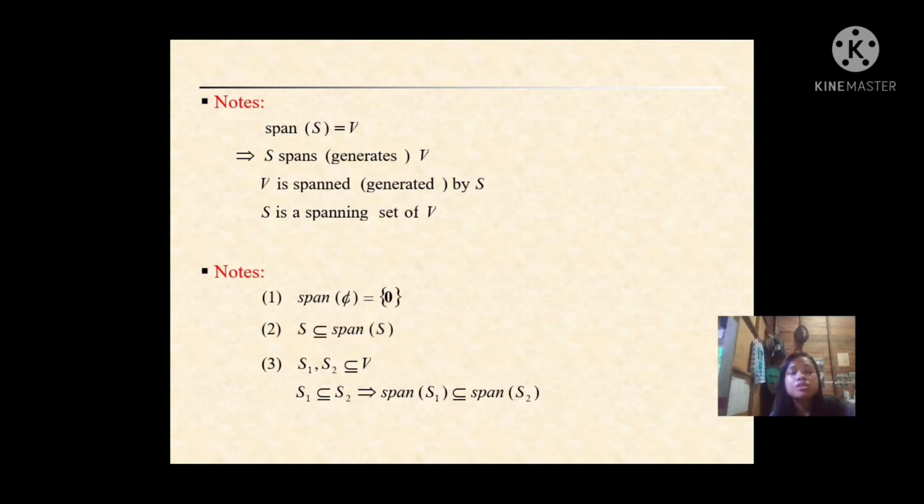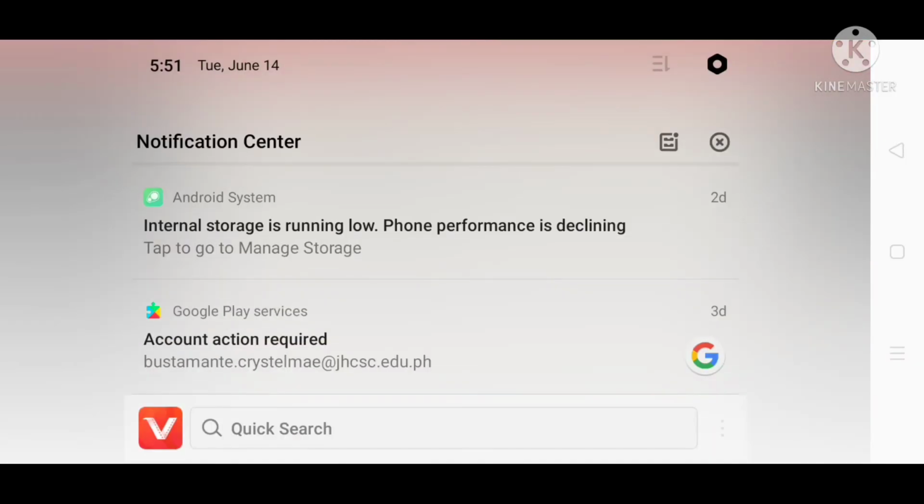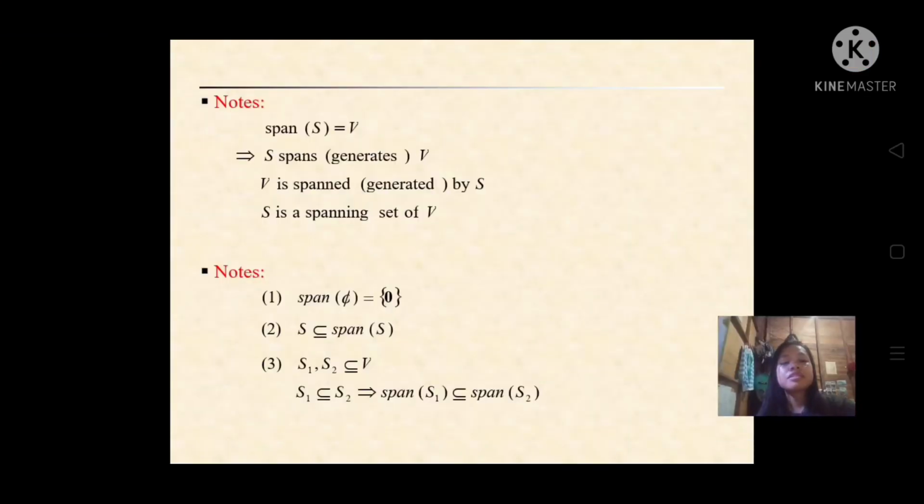The second note is that S is a subset of span S. And the third is, if A sub 1 and A sub 2 are subsets of vectors, with S sub 1 a subset of S sub 2, then the span of S sub 1 is a subset of span S sub 2.